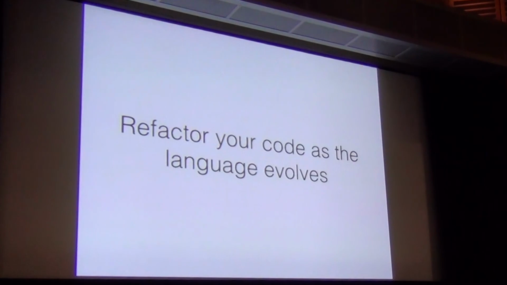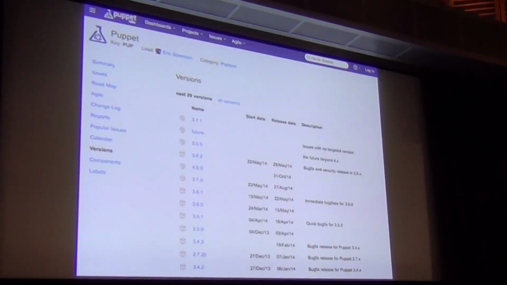This is why people are still using Puppet 2.7 right now. Refactor your code as the language evolves. You can keep track of Puppet development by taking a look at the roadmap board. This is a screenshot of it. Don't fall behind. I'm speaking from experience on that one.